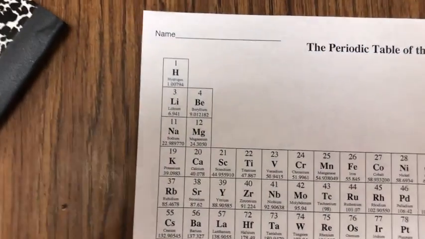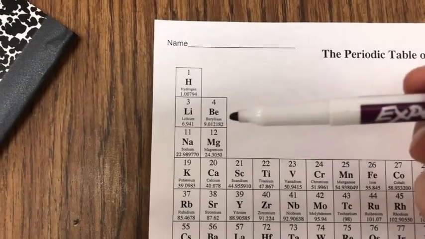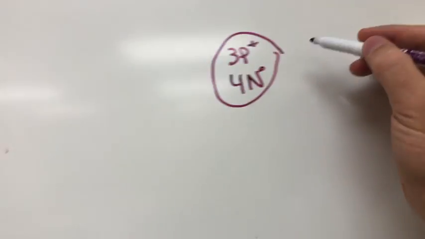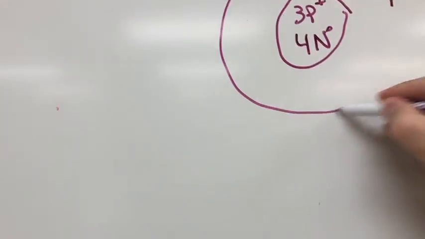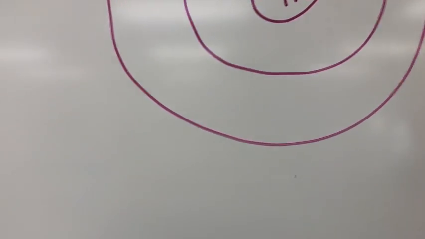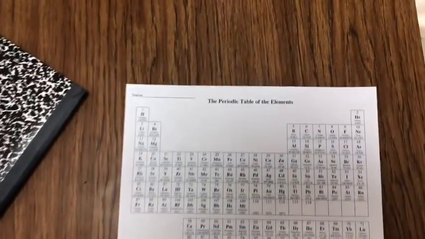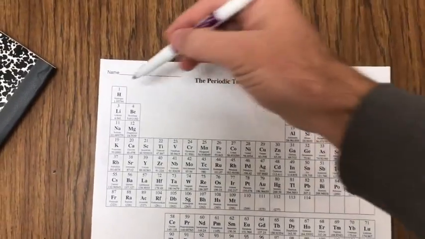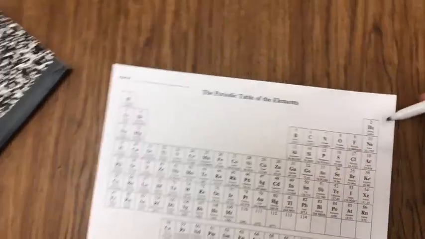Okay, now coming back to lithium, we see lithium is on the second row. Hydrogen's the first row, lithium's the second row. That means it needs to have 2 electron levels, or energy levels. We know that 2 electrons can fit on the first energy level because there are 2 elements on that first row.